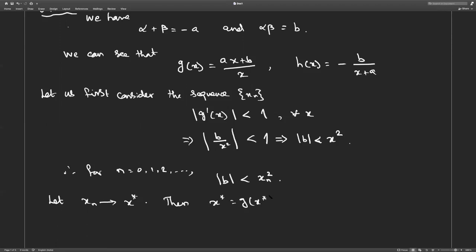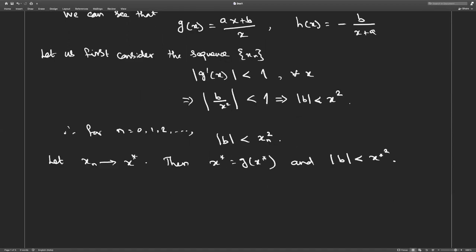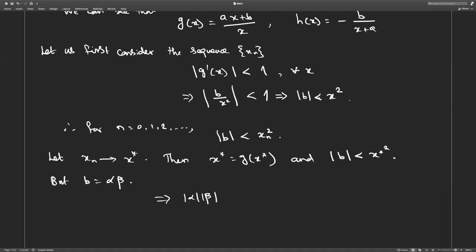That is, x star is a fixed point of the function g, and also we will have mod b is less than or equal to x star square. But what is b? B is equal to alpha into beta. That implies mod alpha into mod beta is less than or equal to x star square.